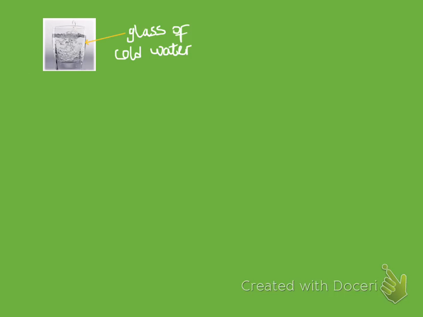Pour a glass of cold water on a hot day and watch what happens. Water forms on the outside of the glass. That water did not somehow leak through the glass.